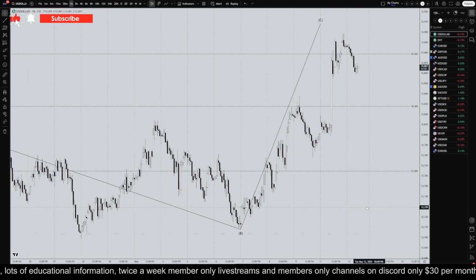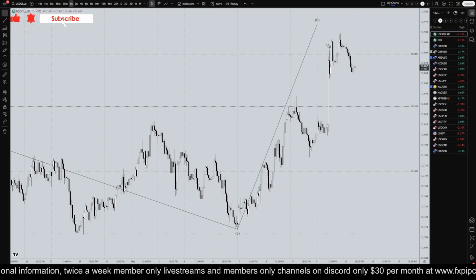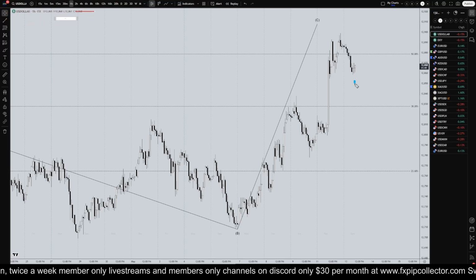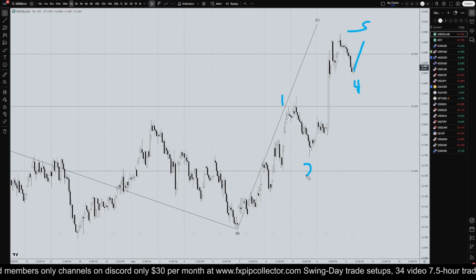Going all the way down to the 1 hour time frame. Now, this move down right here kind of looks like it could almost be a wave 4. It kind of looks like it could possibly drift up more for a wave 5. And then maybe this is 1, 2, 3, 4, and 5.